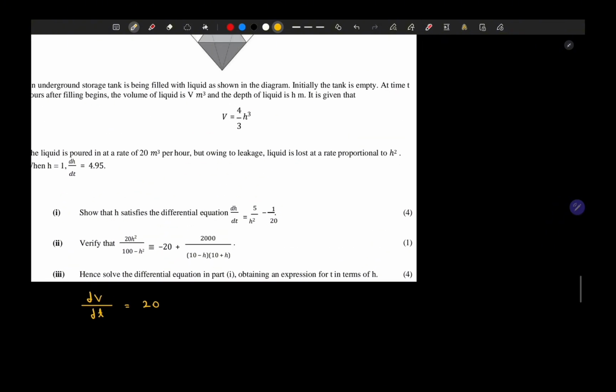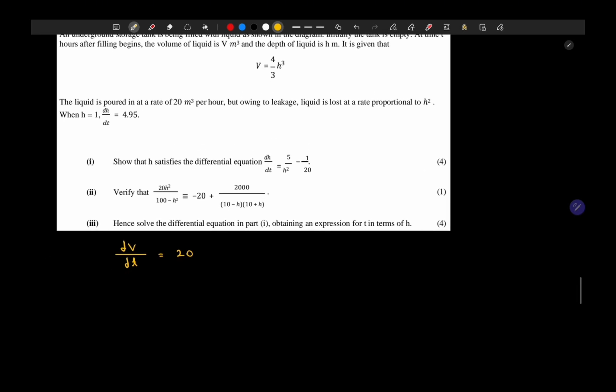Liquid is lost at a rate proportional to H squared. Okay, so we'll come back to this later. When H is equal to 1, dH over dt is 4.95.